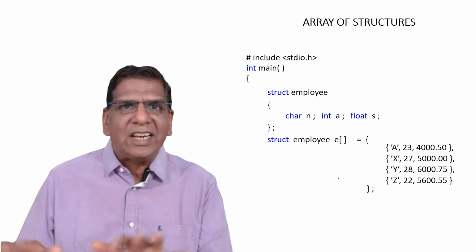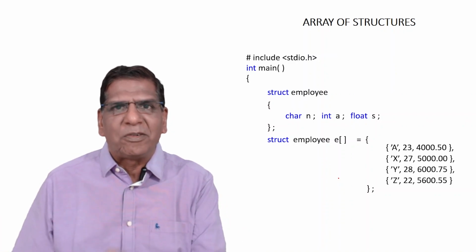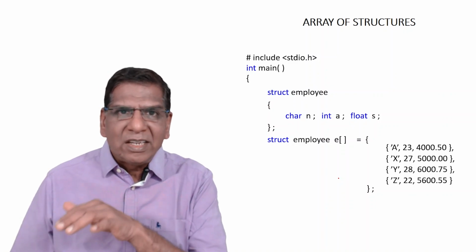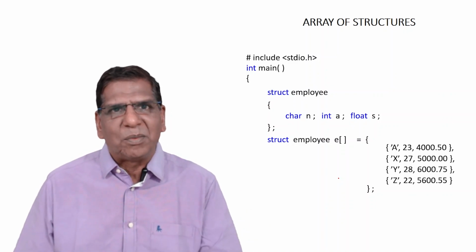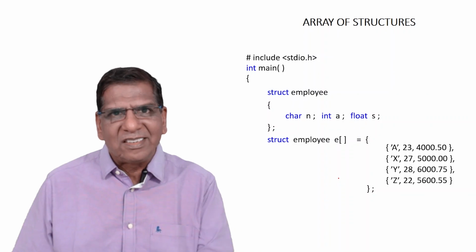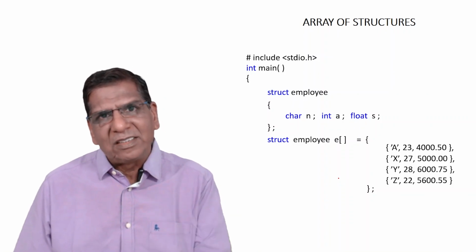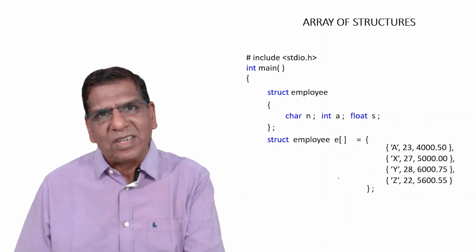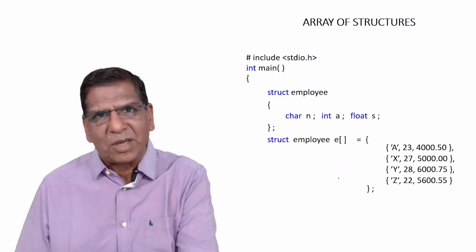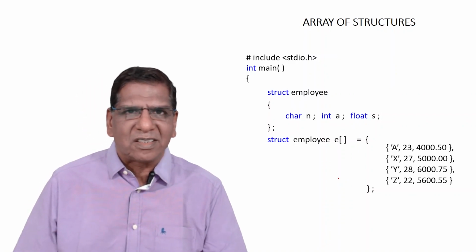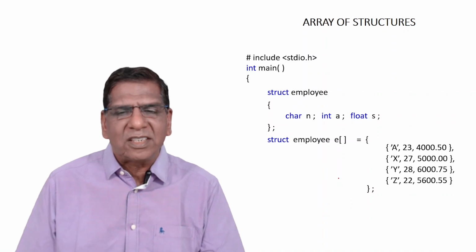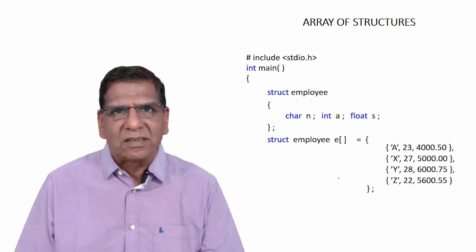So within the array there is similarity. 0th element, first element, second element. Within that 0th element there is dissimilarity. Structure is dissimilar, but that dissimilar structure is exactly similar to the next dissimilar structure, is exactly similar to the next dissimilar structure. Hence we can create an array of structures. So E in fact is nothing but an array of structures.